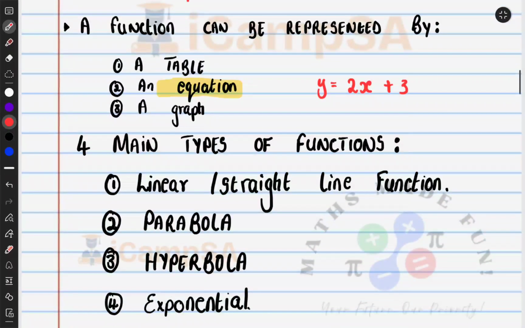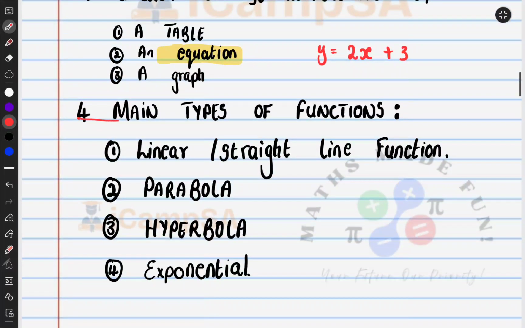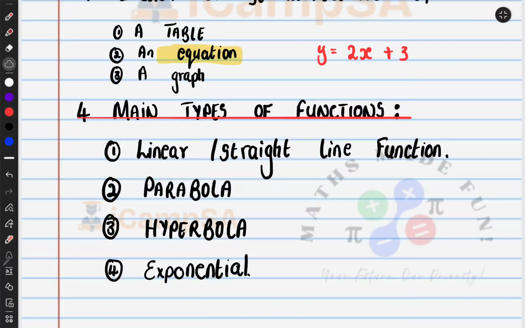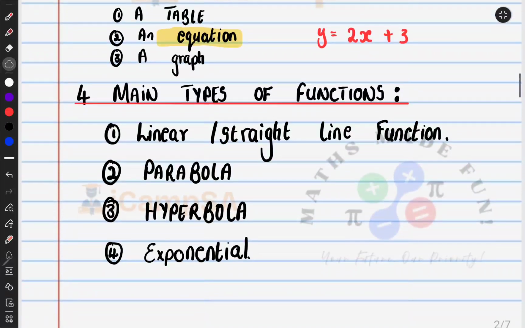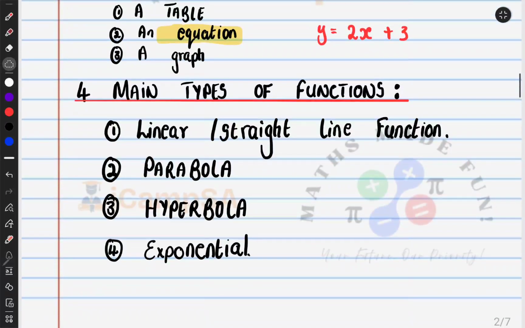Next, we have four main types of functions that we're going to be dealing with in grade 10. Those are your linear or straight line functions. Then we have another form of function which we call a parabola, which is simply a curve.